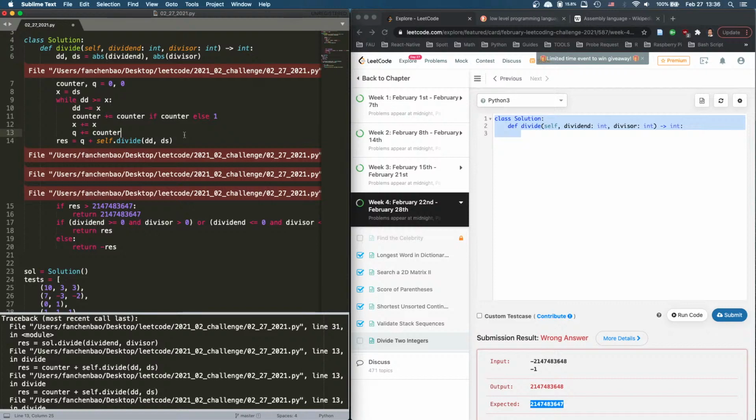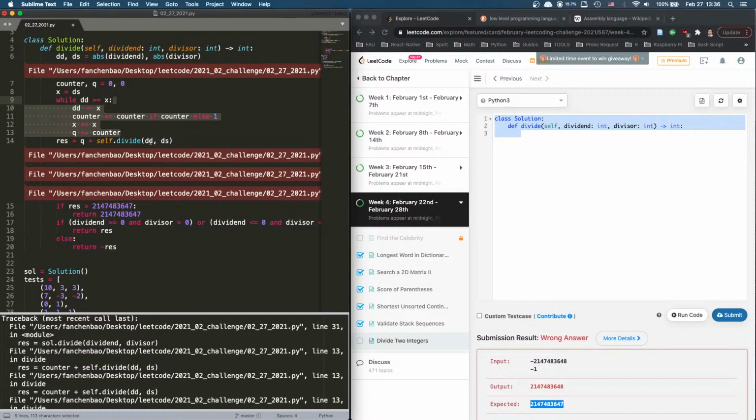Okay. And then we're going to divide 1 by 3. So this should give us 0, which will go here. Go to the next one. That's false. So we have res. Oh, I keep calling it.